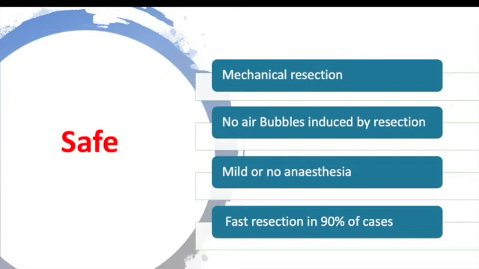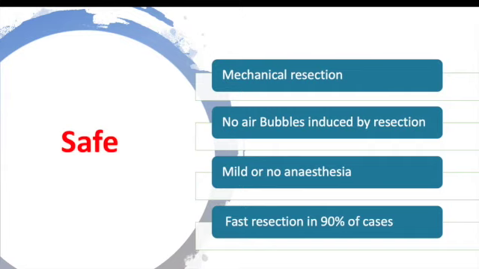And if you have a mechanical perforation, of course it's always a problem, but the damage that you create is less than you can do with electricity.